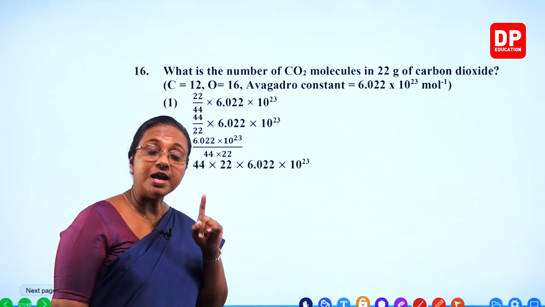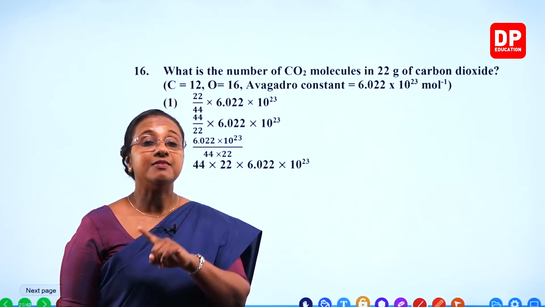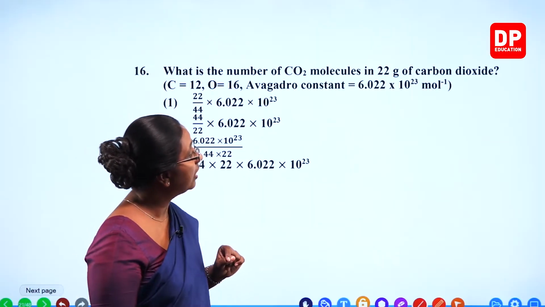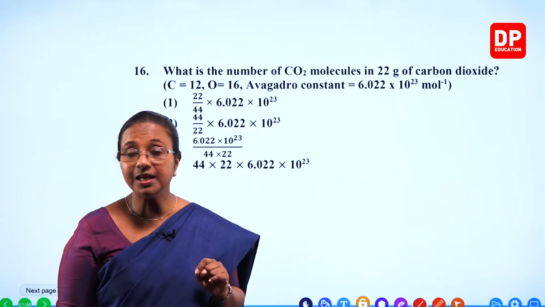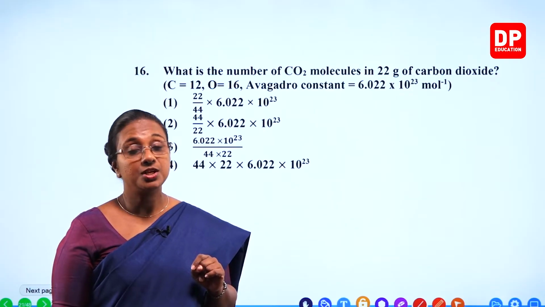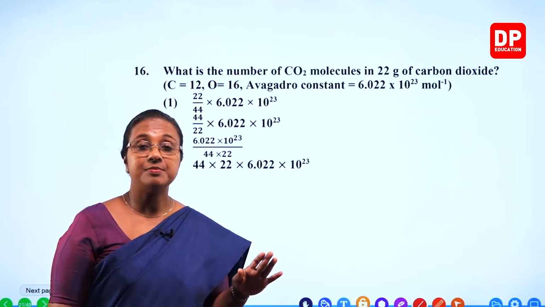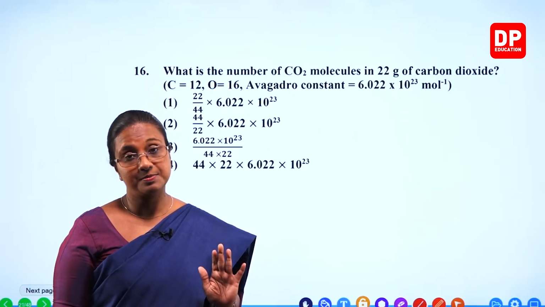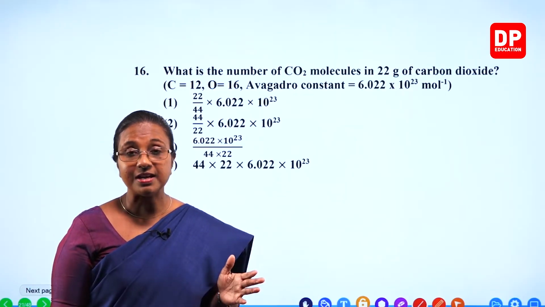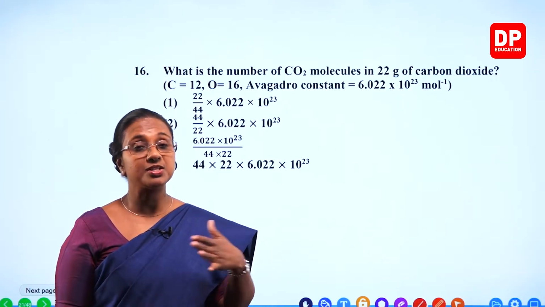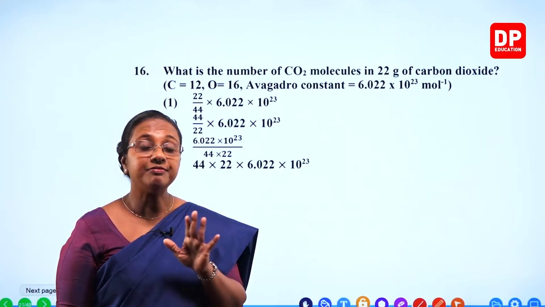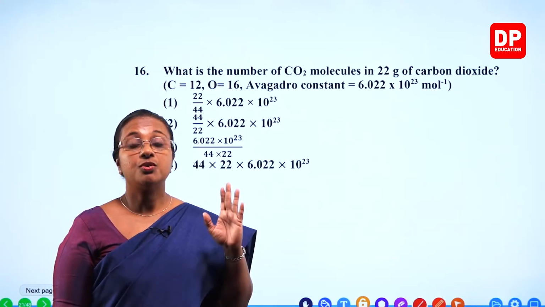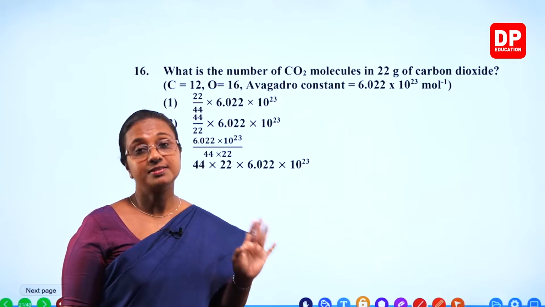So if you take 1 mole of any substance, that will contain Avogadro number of particles, 6.022 into 10 to the power of 23 number of constituent particles. At the same time, 1 mole has a mass of molar mass of the substance. You calculate the relative atomic mass or relative molecular mass for a compound, and if that is in grams per mole, we call it molar mass.